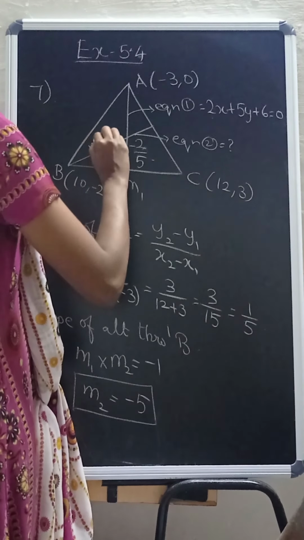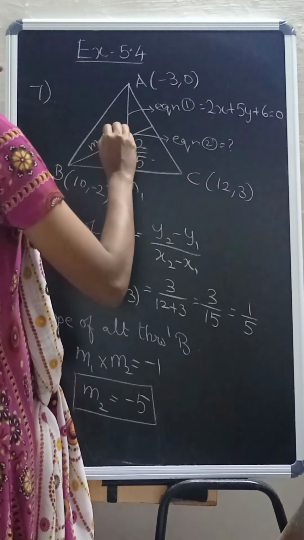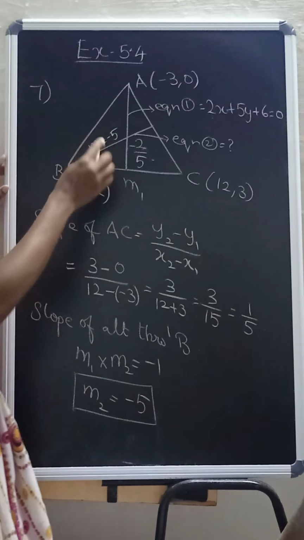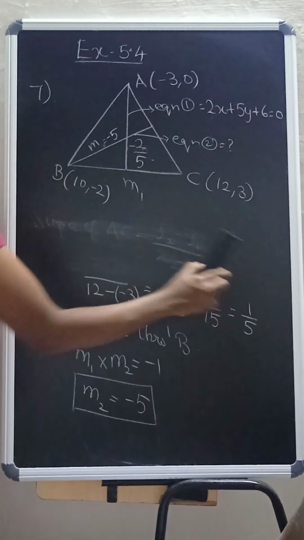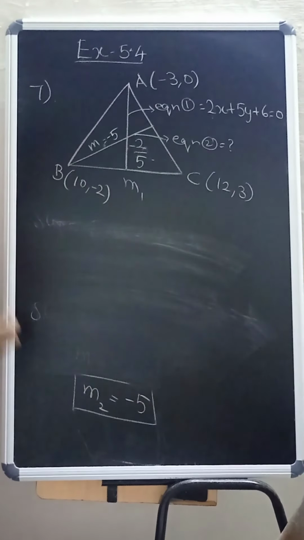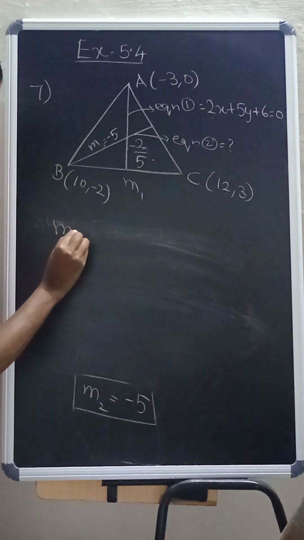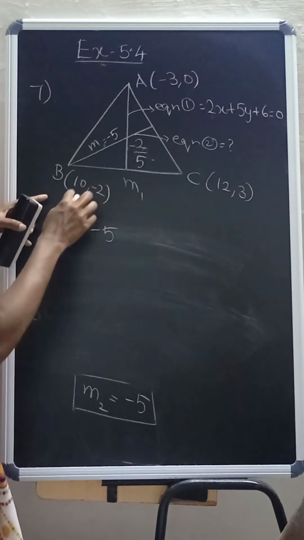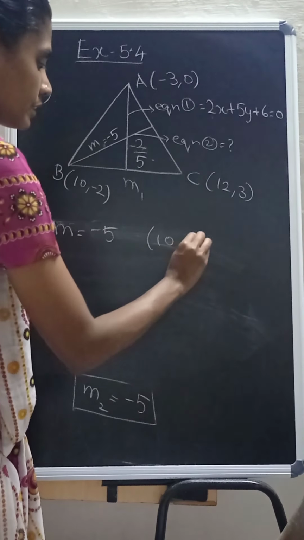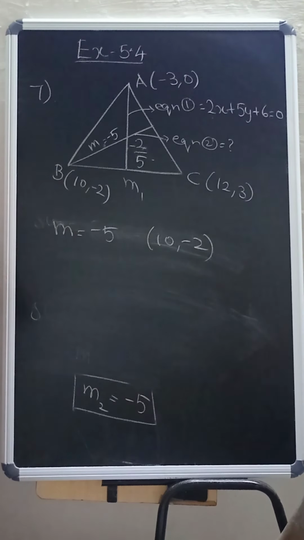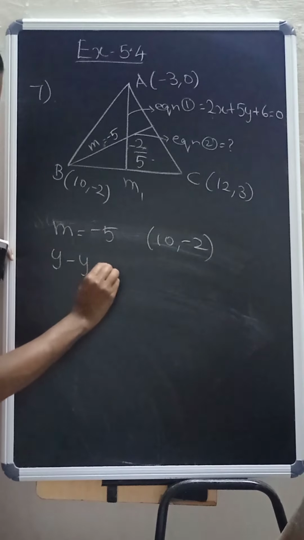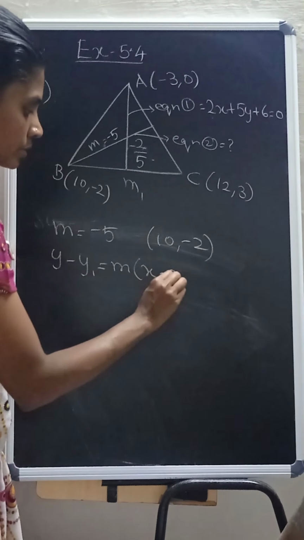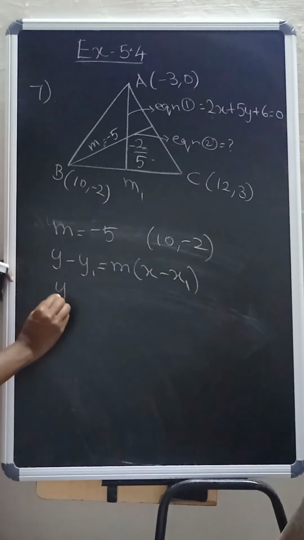So here, you have slope m is equal to -5 and passing through the point 10, -2, B point. Now equation of the altitude is y minus y1 is equal to m into x minus x1.